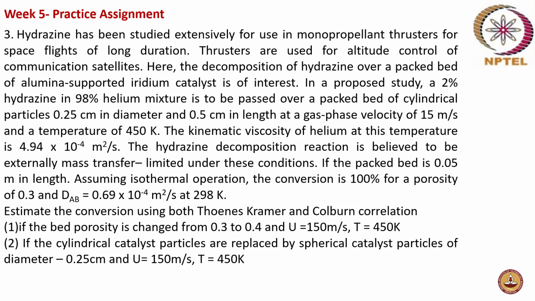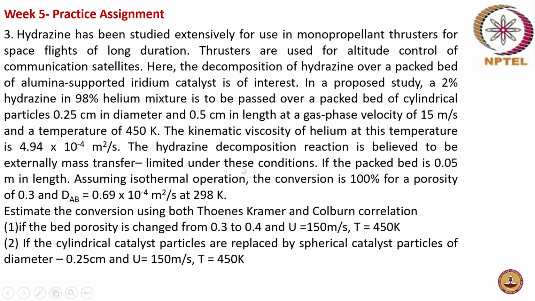If the packed bed is 0.05 meter in length, assuming isothermal operation, the conversion is 100% for a porosity of 0.3 and DAB of 0.69 into 10 power minus 4 meter square per second at 298 Kelvin. Now, this problem is the same as a problem that was solved in lecture 30. So, the initial part of it is the same.